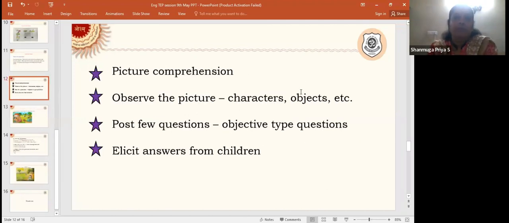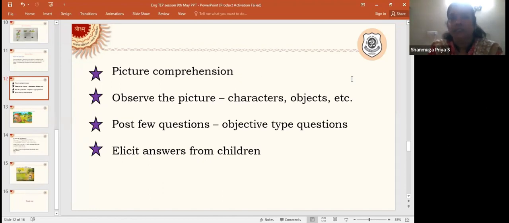So for picture comprehension, the first thing is we should tell children to observe the picture first. Observe the characters, objects, and what all are there in the picture. And then we have to pose a few questions. To start with, for class 1, we can start with objective type questions like fill in the blanks, choose the correct answer, true or false.